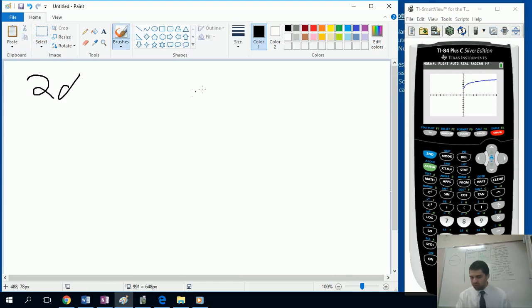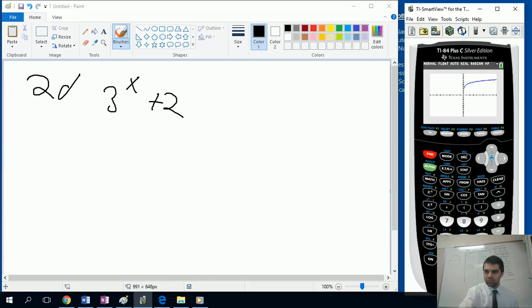Then we have 2d, 3 to the x plus 2. So we're going to have an exponential here. Let's look at the range of this.